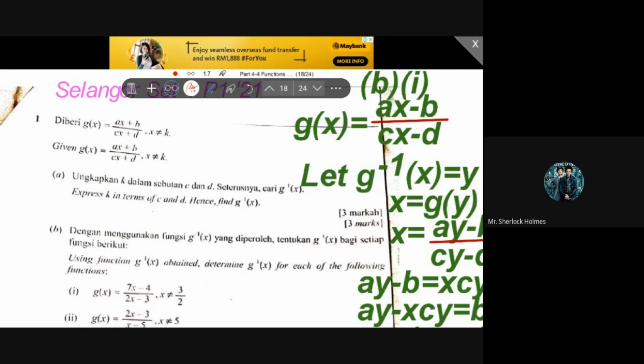This one menguji kamu tentang inverse function, fungsi songsang. Macam mana nak cari fungsi songsang dari Gx?